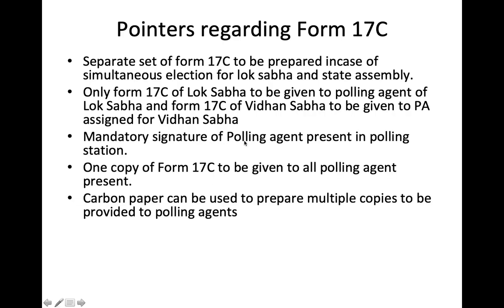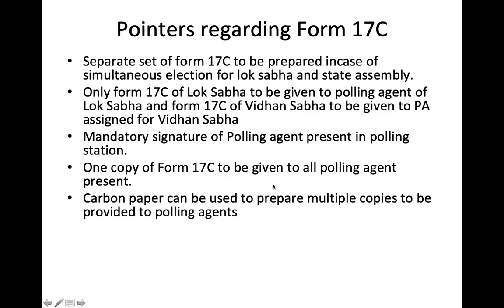So the mandatory signature of the polling agent present in the polling station is to be taken in Form 17C, and one copy of Form 17C is to be given to all polling agents present, to the polling agent of Lok Sabha, 17C of Lok Sabha, and so on. And since you have to distribute Form 17C to all the polling agents present on poll day, you can use carbon paper to prepare multiple copies, but please remember that the original Form 17C has to be sealed and brought back to the receiving center.